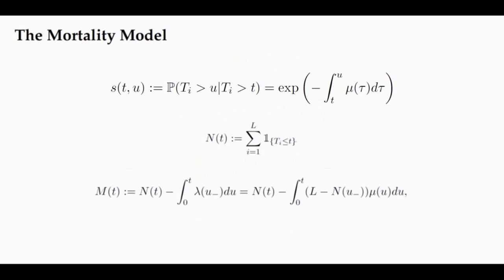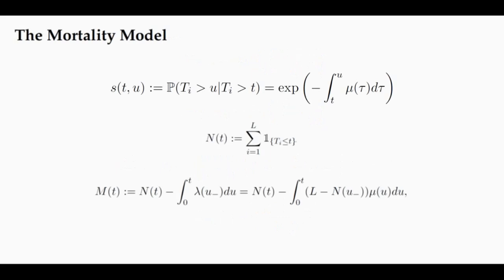So N is the number of alive policyholders at time t, which is a sum of the indicators that the lifetime exceeds t. NT is the number of deaths. So it's a sum of the indicator of i's life. So if Ti is less than or equal to T, which means i's policyholder has died, the sum of the deaths is NT.